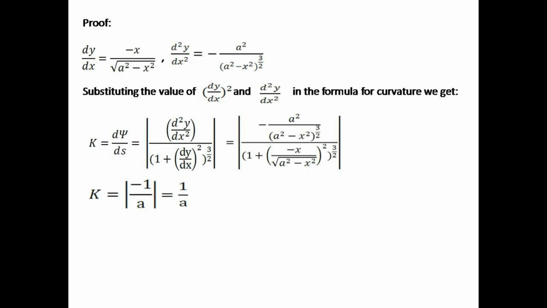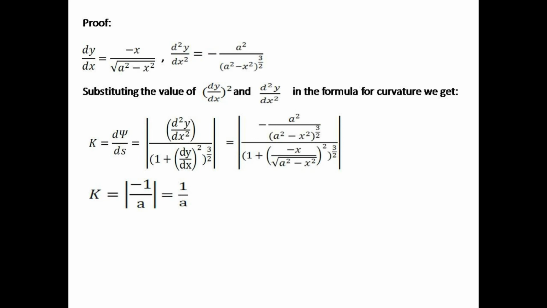From the knowledge of basic calculus, we can find the value of dy by dx for this equation, and this comes out to be minus x over square root of (a square minus x square), and the value for d square y over dx square comes out to be minus a square over (a square minus x square) whole raised to the power 3 by 2.